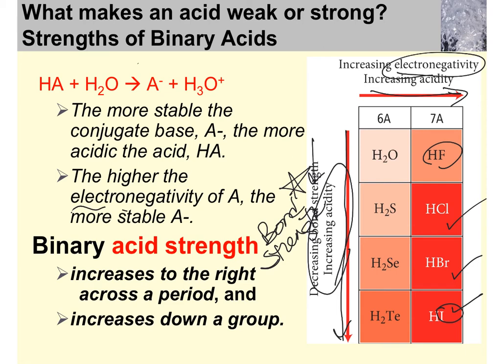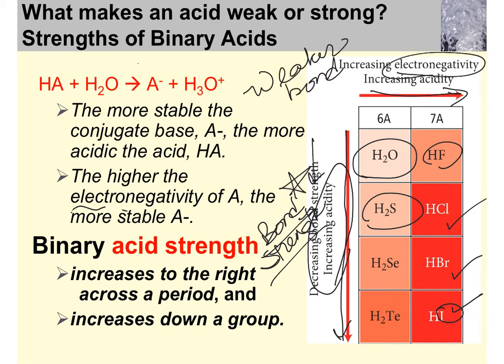Okay, so when you're comparing the acidity of molecules going down a group, think bond strength. Make sure you make a note of that. The weaker the bond, the more acidic. All right, the weaker the bond, the more acidic. And that makes sense, right?